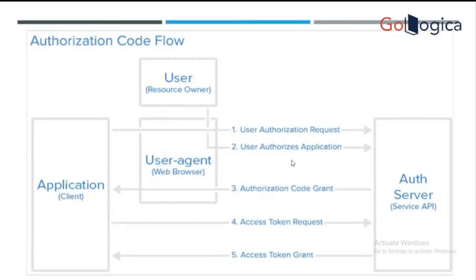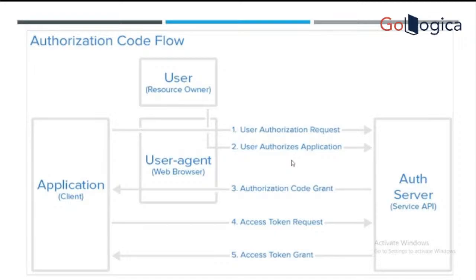Now see the middle picture, the user and the user agent, which is your web browser. If I'm a user, I go to the web browser and access the application for user authorization. The authorization server reverts back to the browser with the authorization code grant, then the access token request is generated and the access token grant is issued. So this is basically the authorization code flow.